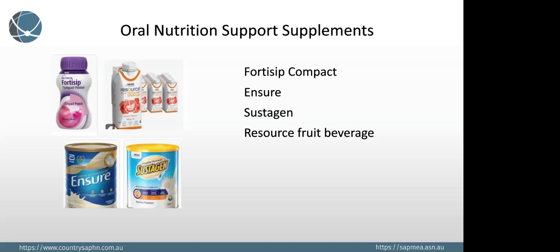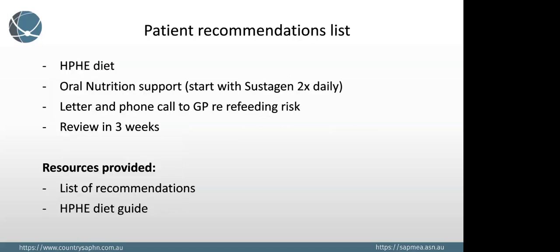We'd try again, food first, and then see if the support supplements are required as well. So that would be my main way to manage this type of client. This is a list I'd give them. So I'd give them a bit of information and a lot more detail on that high energy, high protein diet, some recipe ideas, probably talk to them about starting something like a Sustagen a couple of times daily if needed, or using it in place of a meal if she can't eat.